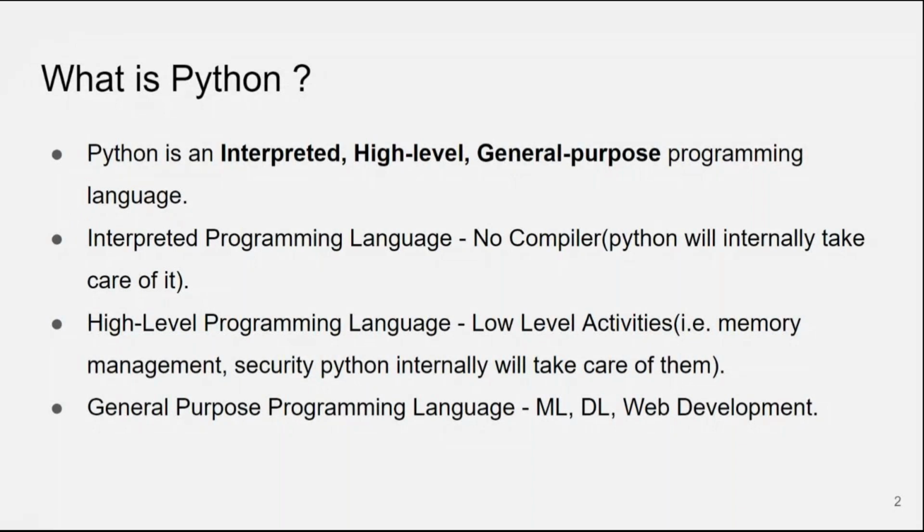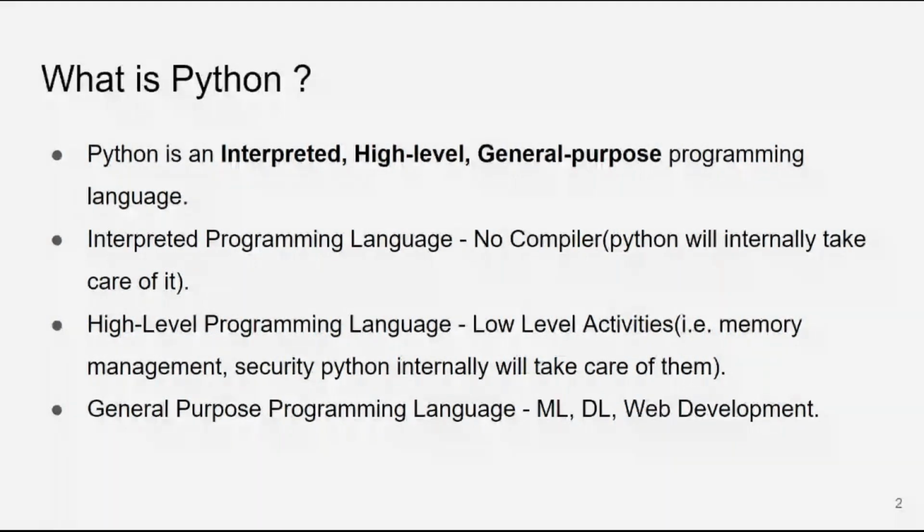All the low level activities like memory management and security related issues will be taken care of internally by the Python software itself. It's again not the headache of the programmer. So this feature, we basically call high level programming language. In fact, C, Java, C++, Python, all these are high level programming languages. So Python also comes under this category.